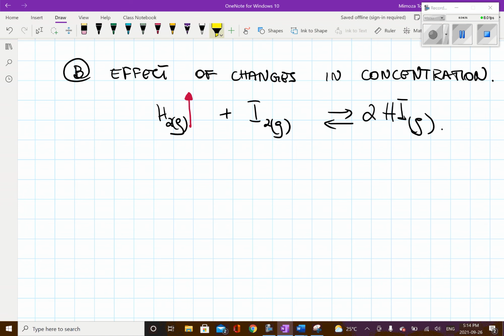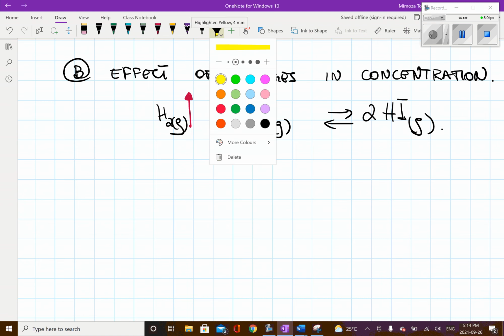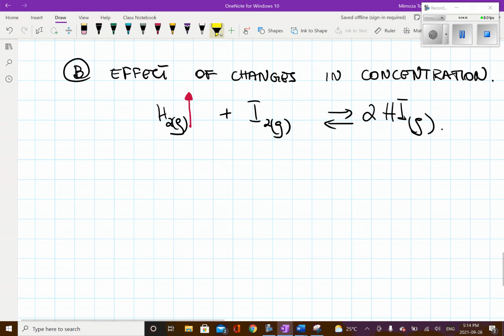Then the system is saying, no, I don't want this to happen. In order to not react to the change, it will want to use up the H2, okay? And the system will shift to the right, okay?